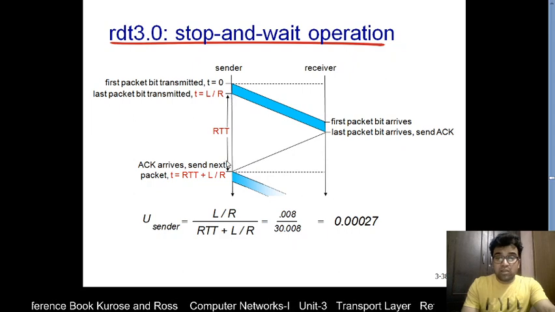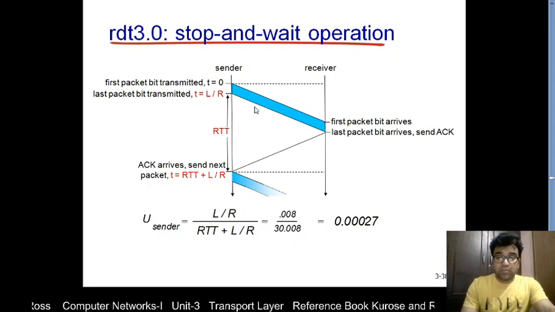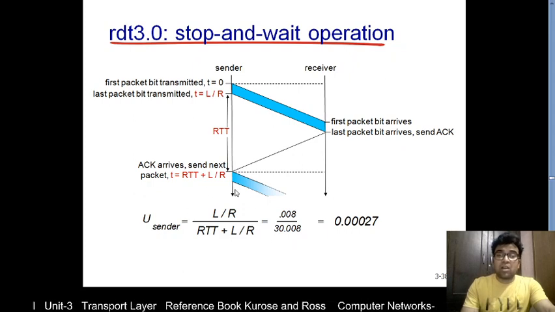And during this time, sender could keep on sending its next packets, but it doesn't happen in stop and wait protocol. So the utilization of this particular stop and wait protocol RDT 3.0 is transmission delay divided by the complete time, round trip time plus the transmission time.